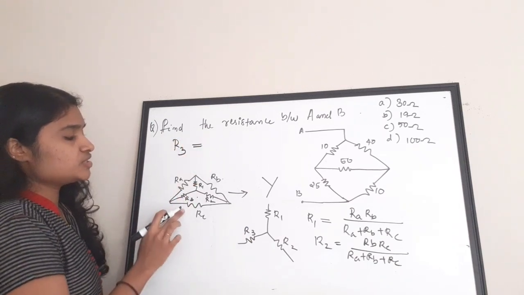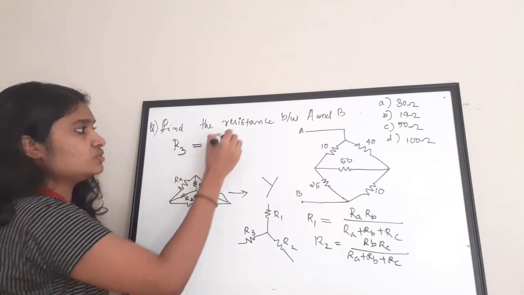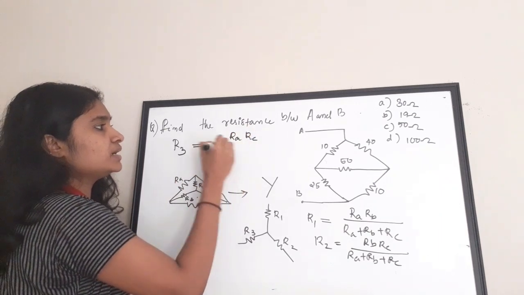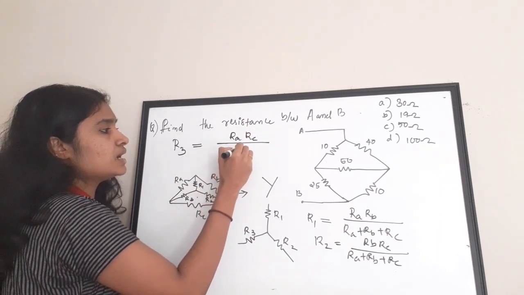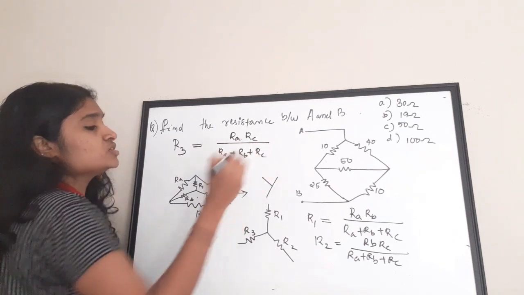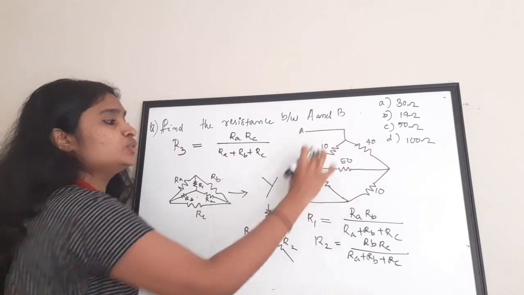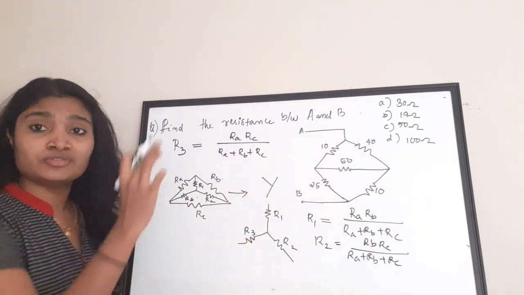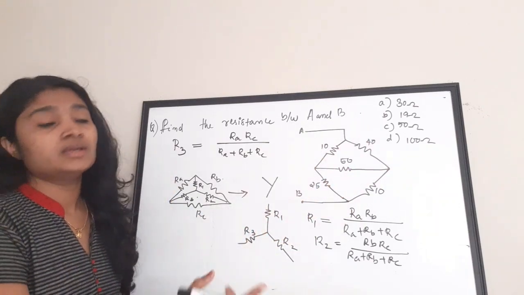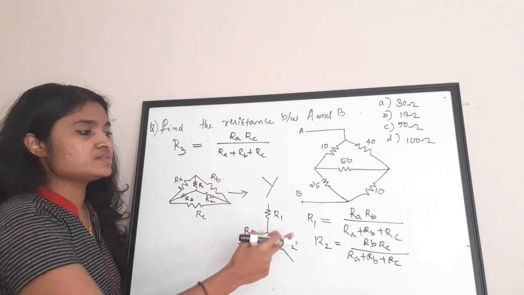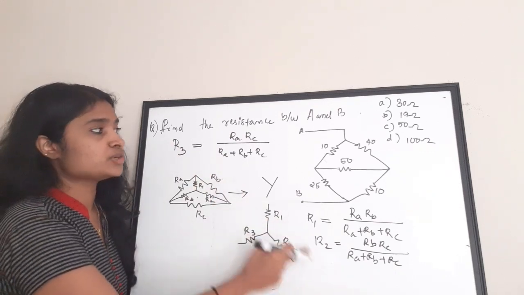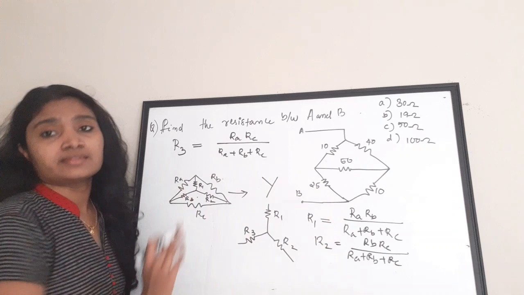R3 is in between RA and RC, so R3 is equal to RA times RC divided by RA plus RB plus RC. This is how you can do the delta to Y conversion. If you have a delta, you can convert it to Y, provided the values of the resistors in Y vary like this: R1, R2 and R3.